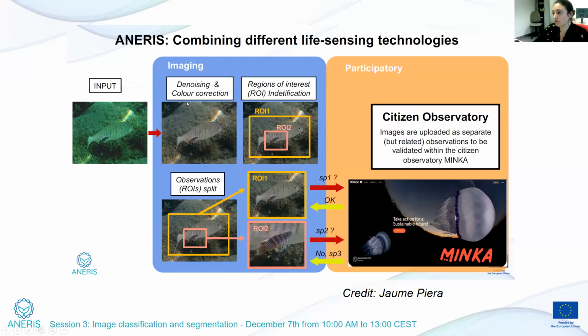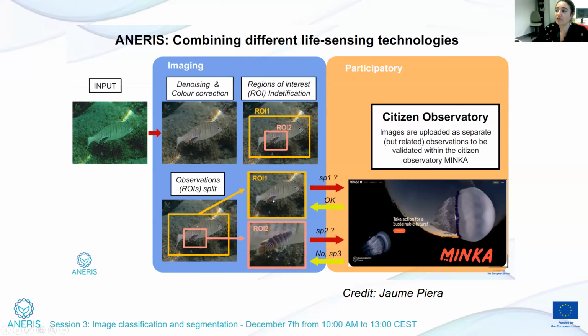And then we have seen there is a lot of very impressive work regarding image restoration that was done and presented by our colleague from Israel. And then here the idea is based on this image to identify automatically where there is species and everything.